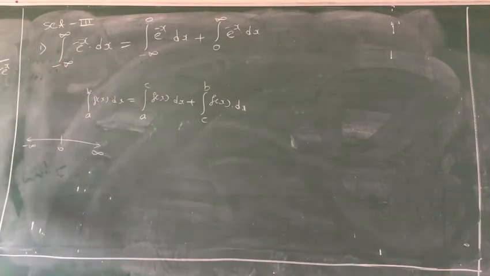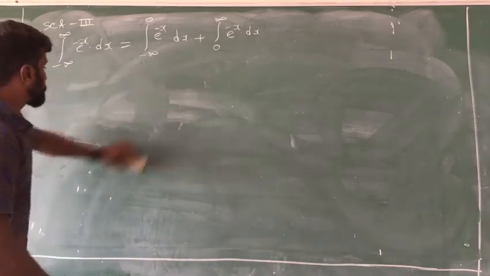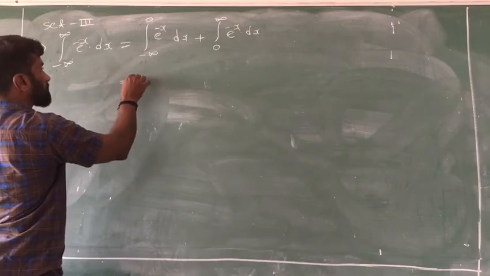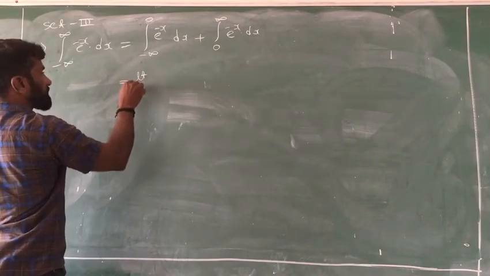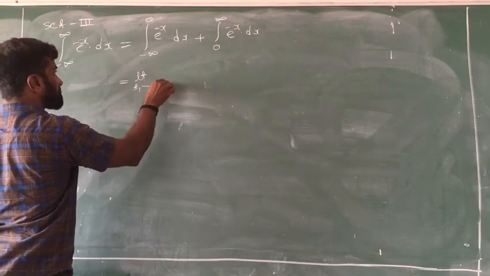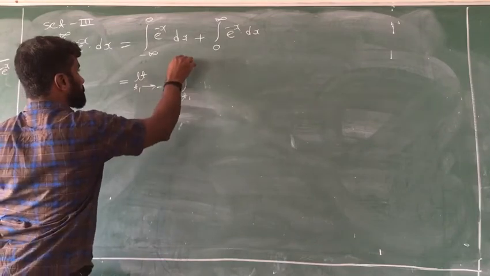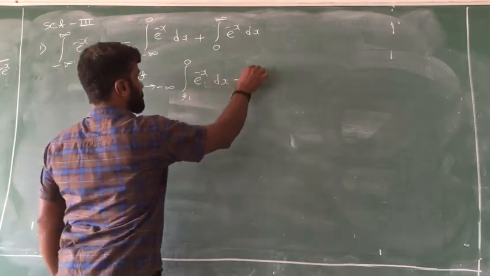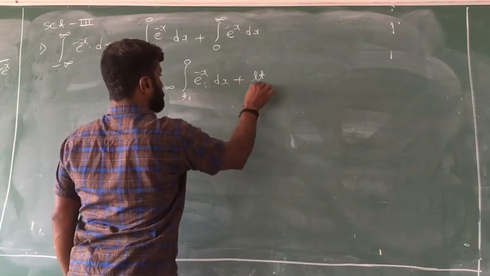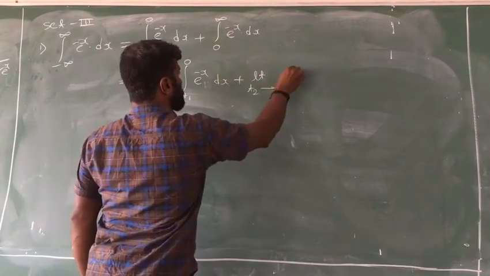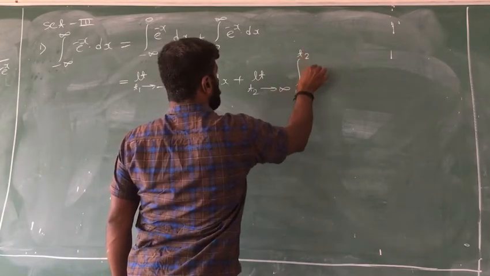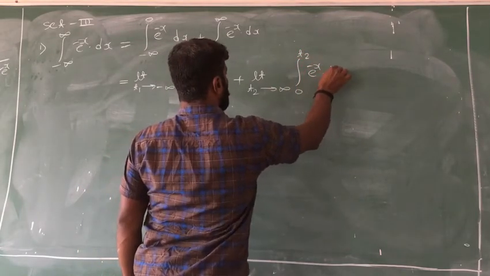Then it is an improper integral, so I can write it as a limit, so that it becomes proper. Limit of lower limit t1 tending to minus infinity, the integral from t1 to 0 of e raised to minus x dx, plus limit of t2 tending to plus infinity, the integral from 0 to t2 of e raised to minus x dx.